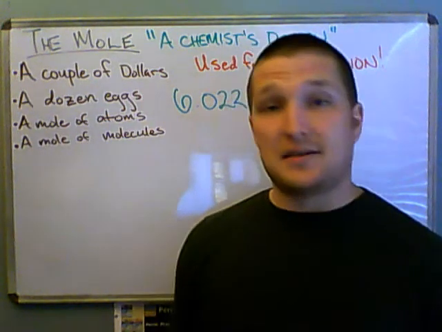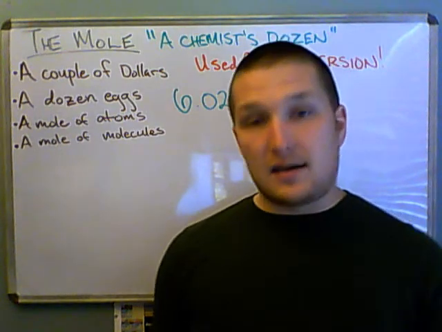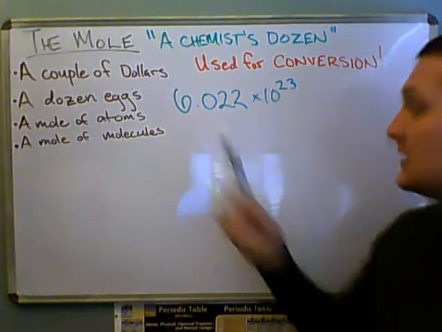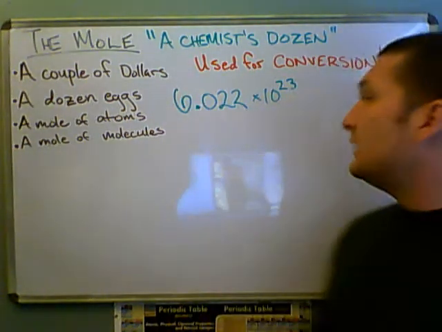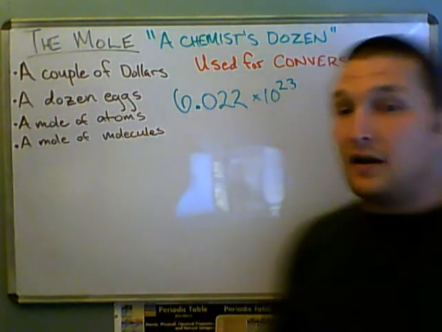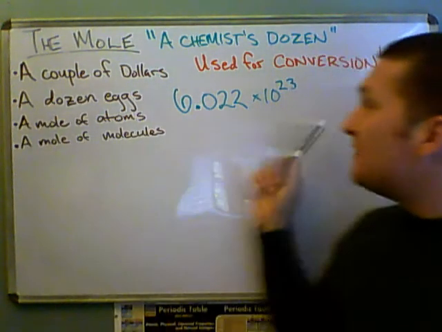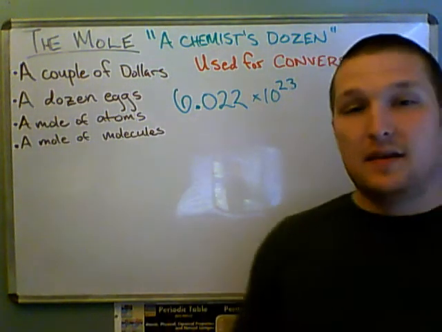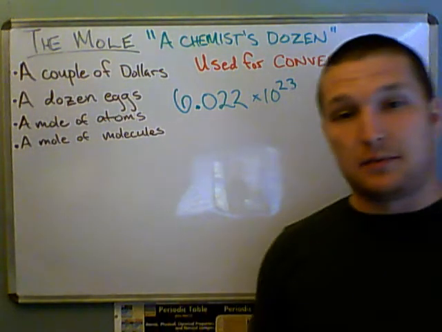A baker's dozen of eggs would be 13 eggs. If I have a mole of eggs, then I have 6.022 times 10 to the 23rd eggs. If I have a mole of people, then I have that many people. A mole of atoms means I have that many atoms. A mole is just a number, and that's the number, Avogadro's number.